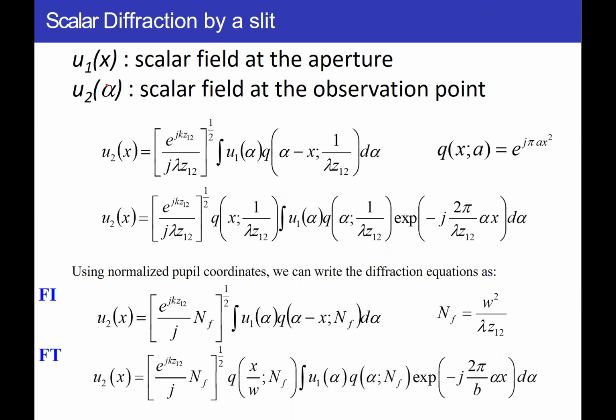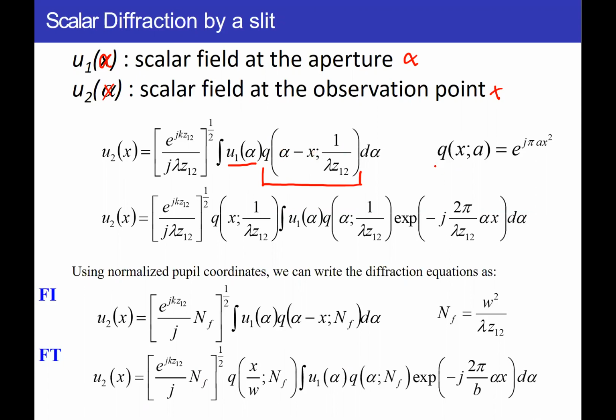U2, this is something strange. Sorry. I made a mistake, okay. And this is the same thing, the field at the aperture plane times quadratic phase, a quadratic phase function over alpha minus x, or ξ minus x, either way.